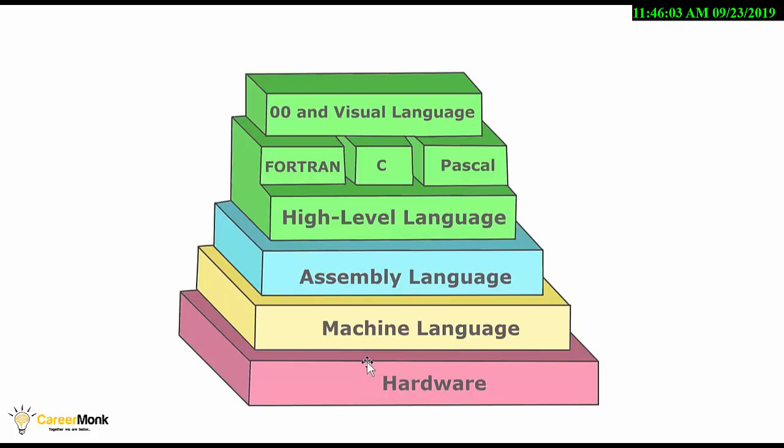So slowly, during the process of evolution of the programming languages, professors and scientists came up with different variants of this conversion process, which we call programming languages. Instead of working directly with zeros and ones, they came up with assembly language, which eased the process of talking to the hardware.